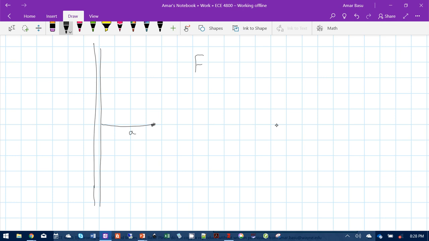E equals 1 over 4 pi epsilon integral of a_R rho L over R squared dl.